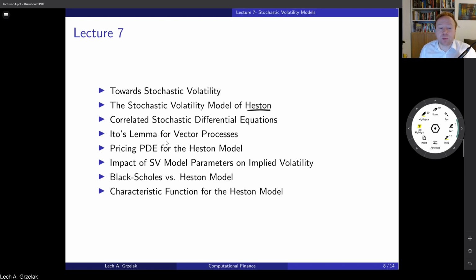Of course, as for pricing for any model, we discussed the pricing PDE and how to arrive at it. This is also a very generic approach, applicable to any stochastic differential equations. Then we looked at the impact of the stochastic volatility model on implied volatilities. It is important to understand that, in particular for the Heston model, one of the greatest advantages is that implied volatility shapes are easily controlled by the model parameters.